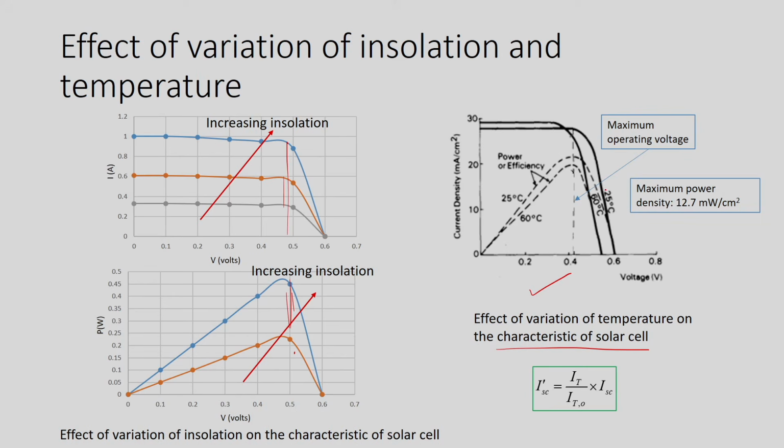As temperature increases, this I_m and V_m also decrease. So, this is very clear. This may be for one case, and this may be for a second case: this is at 25 degrees C and this is at 60 degrees C. See how these changes are taking place.